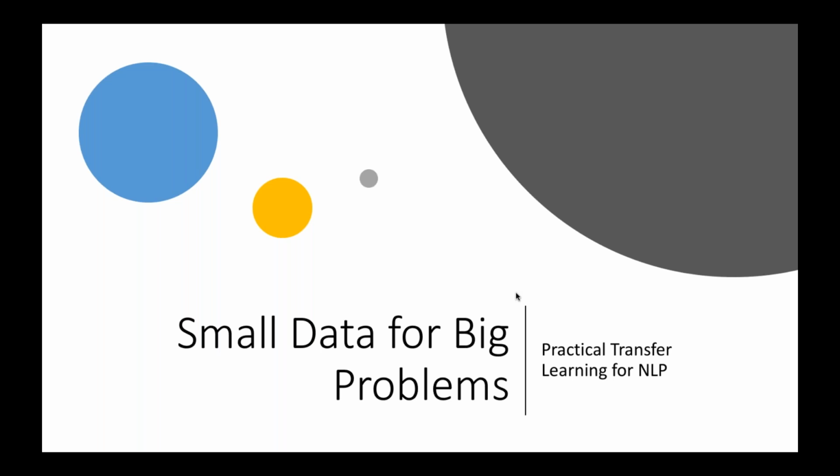So we're here to talk about small data for big problems, very specifically talking about using transfer learning in the NLP domain. Over the last couple of years, transfer learning has become increasingly exciting as a way of using deep learning techniques, but in data regimes where deep learning would typically be intractable. Getting the nuance that you get from these very deep feature representations without requiring really large data volumes, kind of a having your cake and eating it too situation.